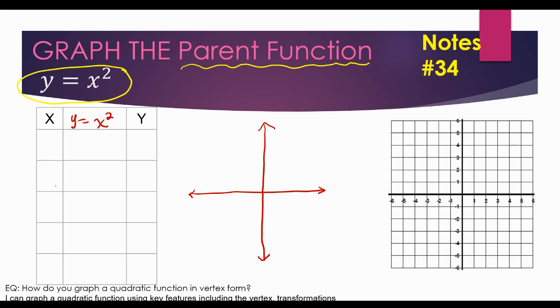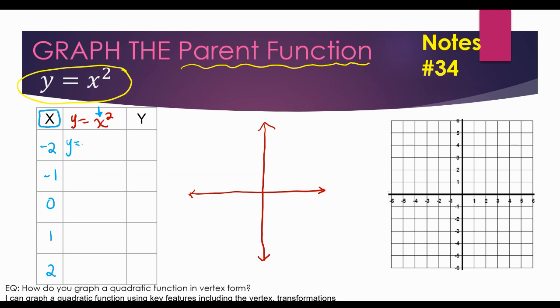Okay, so we're going to go ahead and pick -2, -1, 0, 1, and 2. And again, I'll be talking about the numbers that we're choosing later on. So now we're picking that value for x. We're going to plug it in right here, and we're going to do the math.